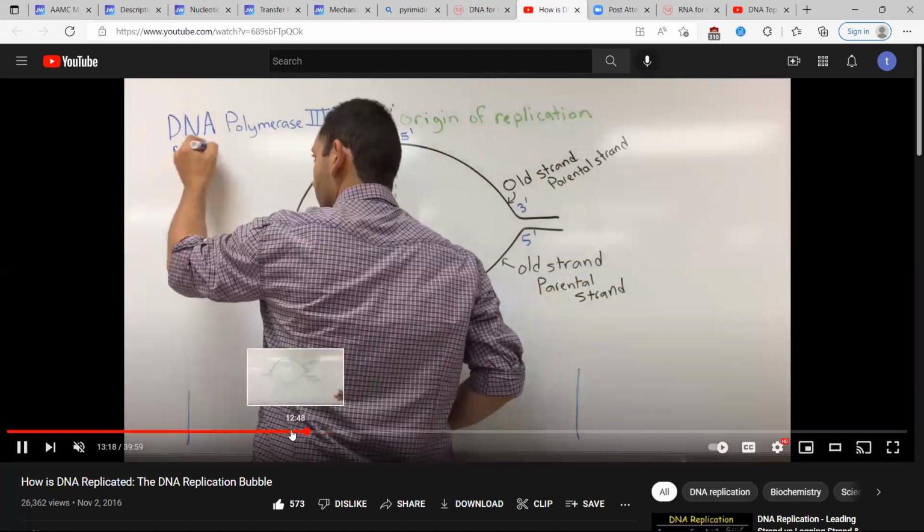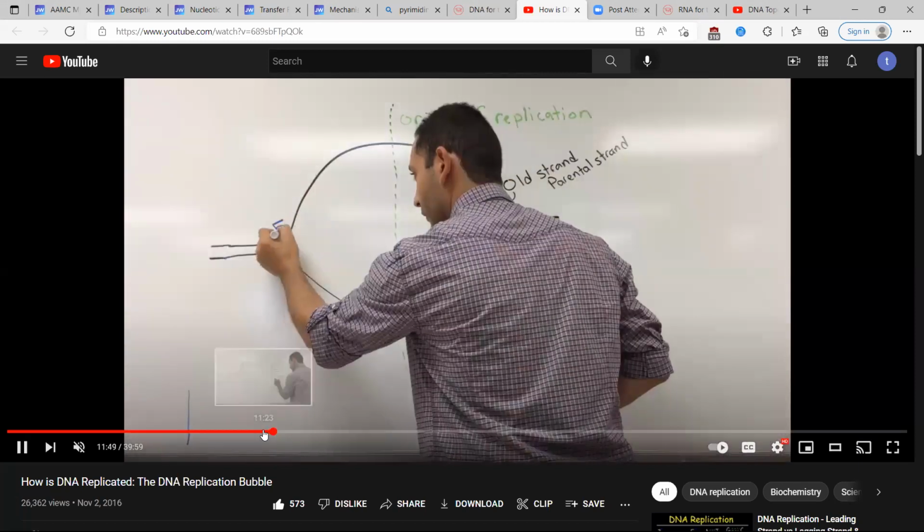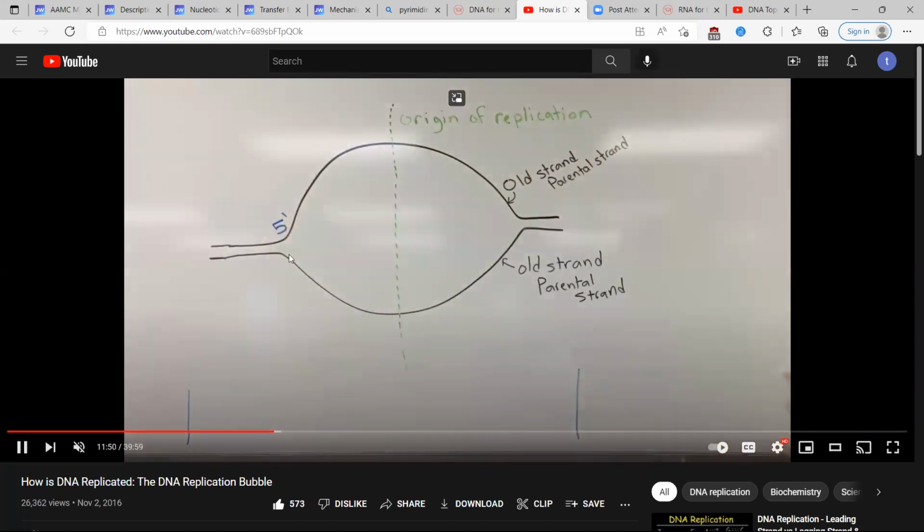And now we need to talk about directionality. So if this is the 5' end, then the other side of it is going to be the 3' end, right? And so if this is the 5' end and this is the 3' end, on the complementary strand it's going to be reversed because the 3 goes with the 5 and the 5 goes with the 3.